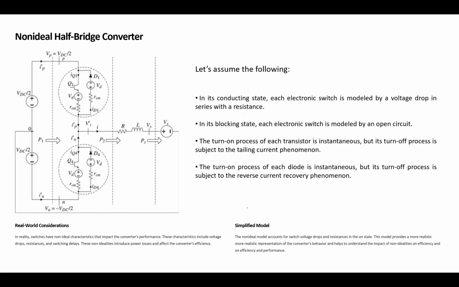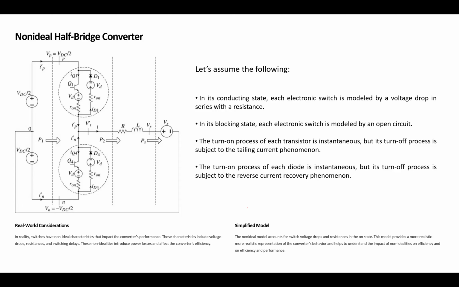Now, what happens if our system is not ideal? So far, our system was ideal: no loss, no voltage drop, everything was perfect. But that's not the case in reality. In reality, in a conducting state, all the switches have a voltage drop.